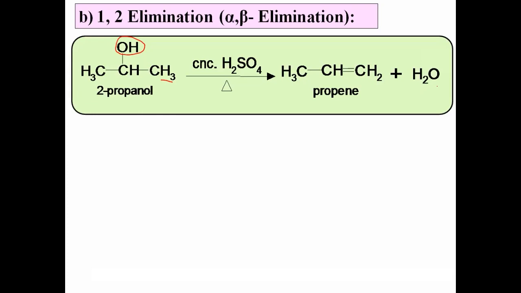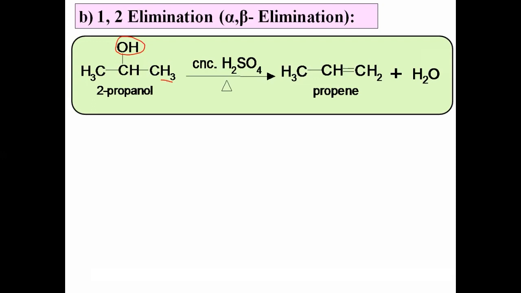Alcohols on heating with concentrated H2SO4 easily undergo dehydration. We get the corresponding alkene. Actually, this is an example of elimination. Why is it elimination? Because in this reaction, two atoms or groups are removed, means OH and hydrogen. Two atoms or groups are removed from a molecule, and therefore it is an example of elimination.